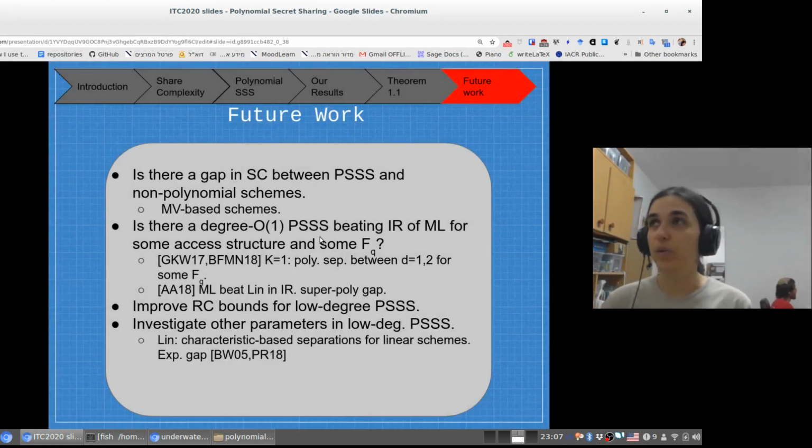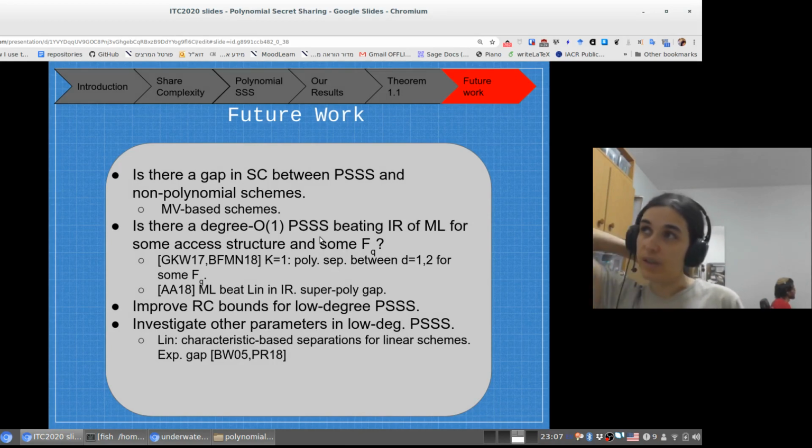Directly to future work. So we have defined a new framework of polynomial secret sharing schemes, and have obtained some preliminary results, but there are many more questions to explore, and hopefully they will be useful as a step for understanding general secret sharing schemes better. So one fundamental question that is open is whether general schemes are more powerful than polynomial schemes.